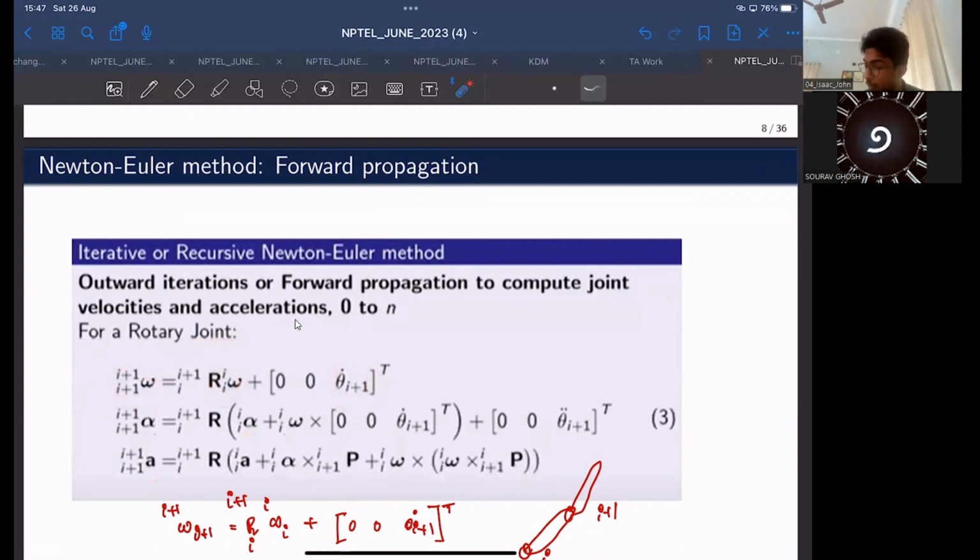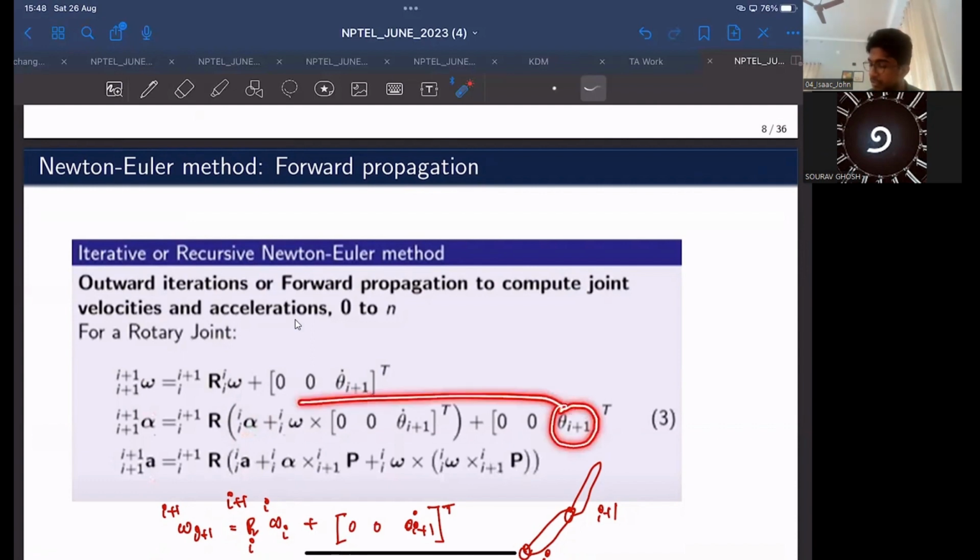And similarly, if we know the angular acceleration of the current link and whatever the angular acceleration of the subsequent joint is executing, using these recursive relations, we'll be able to find out the angular acceleration of the subsequent links. So this is how it propagates further and further. And similarly, if we know the linear acceleration of the current link, using the propagation, we'll be able to find out the linear acceleration of the subsequent link.